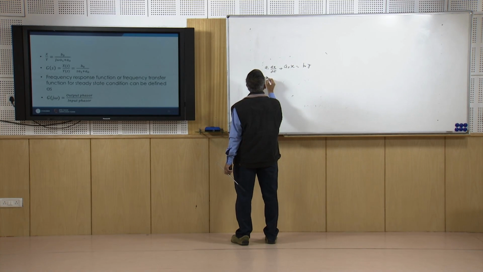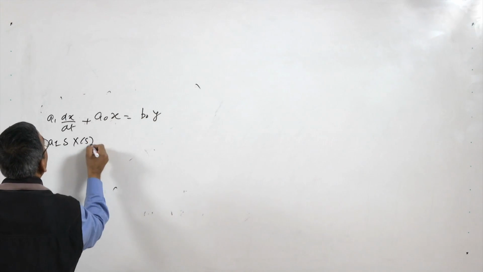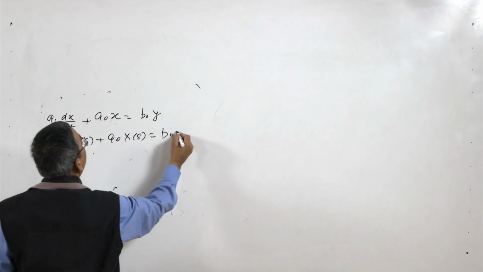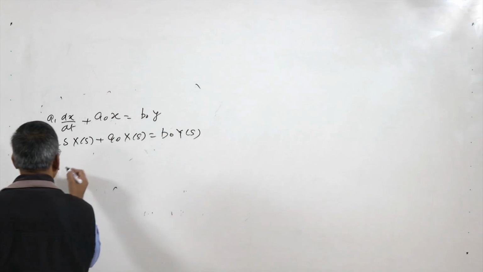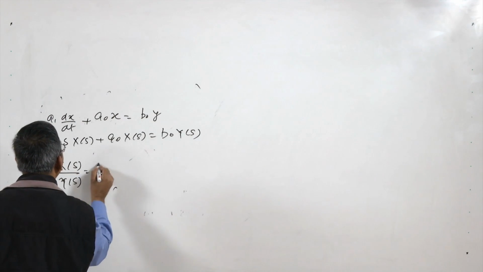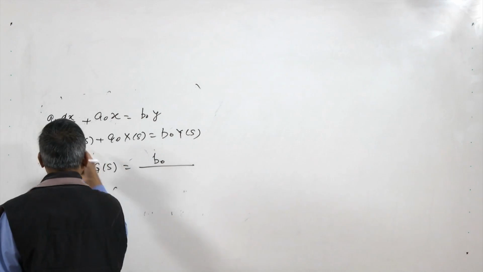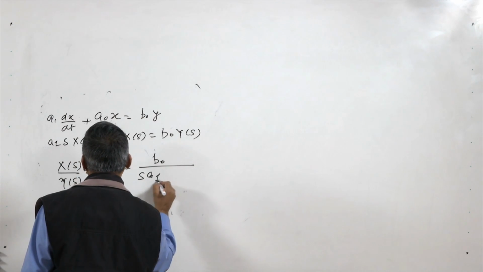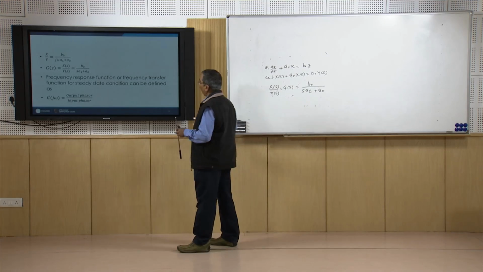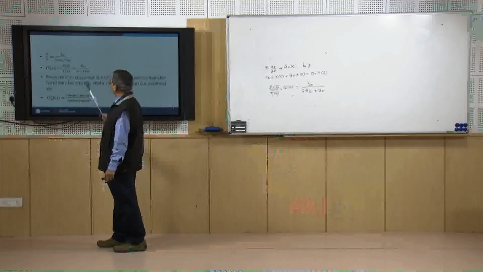So what we had is a1 s Xs plus a0 Xs is equal to b0 Ys. So from here we got Xs upon Ys, which we called the transfer function, and that was b0 divided by s a1 plus a0.